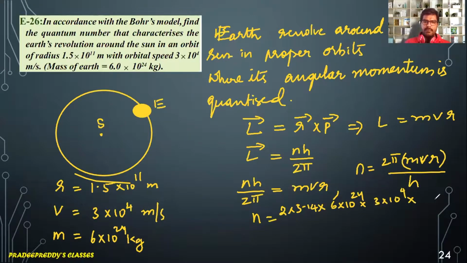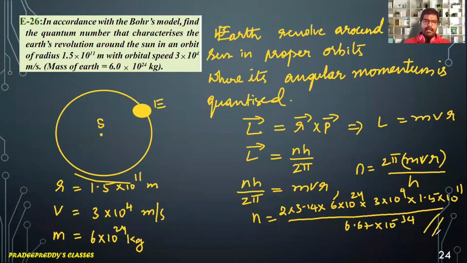Radius of that is 1.5 into 10 power 11 divided by h, Planck's constant, 6.67 into 10 power minus 34. So if you calculate these all, you will be getting n as principal quantum number, and it will be nearly equal to 2.6 into 10 power 74.